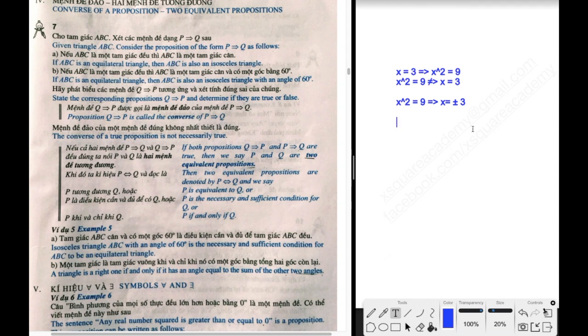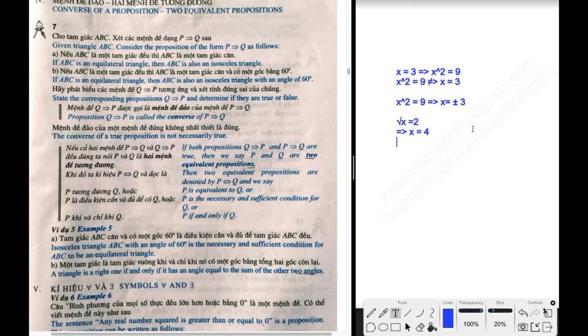But I have equivalent propositions for you. For example, square root of x equals 2, so we infer x equals 4. That's right.